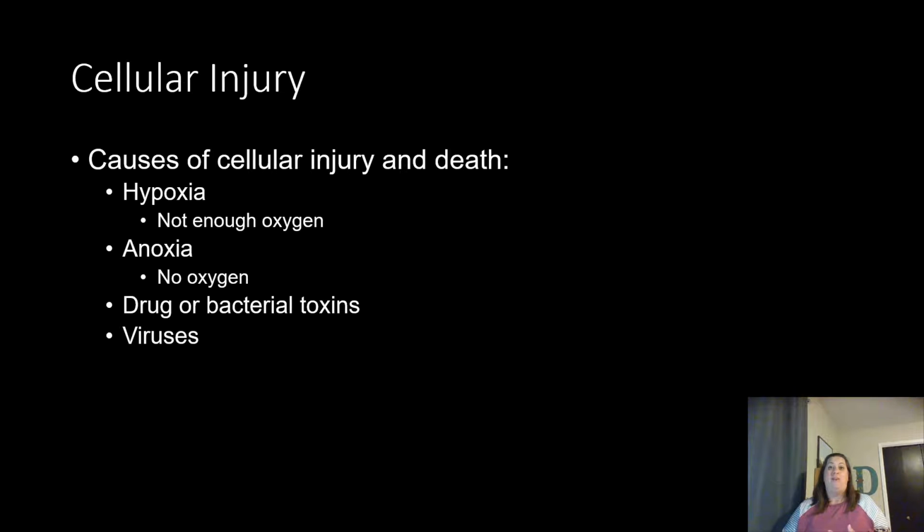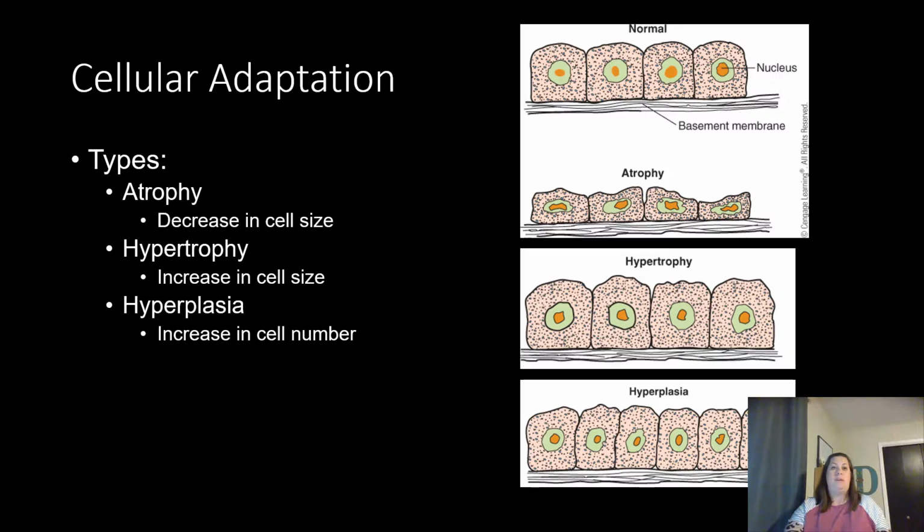This is areas like your brain, your heart, and your nerves. Other tissues can regenerate and repair very quickly, like your skin. So it depends on the type of cell and what type of cell injury to whether or not it can be corrected or fixed.